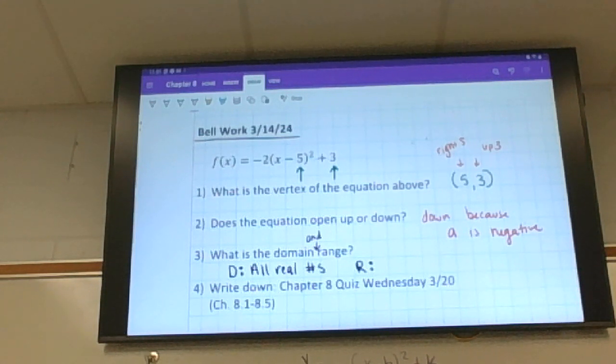However, when A is negative, the arrows go down. My range shows y less than. So if arrows go down, pick the less than symbol.